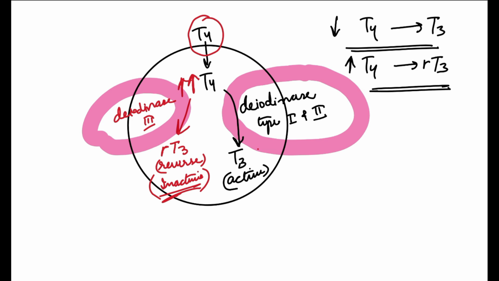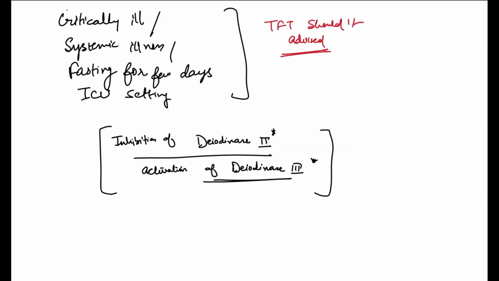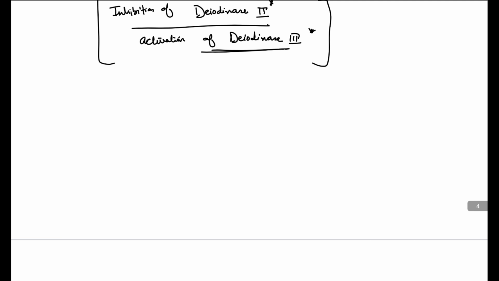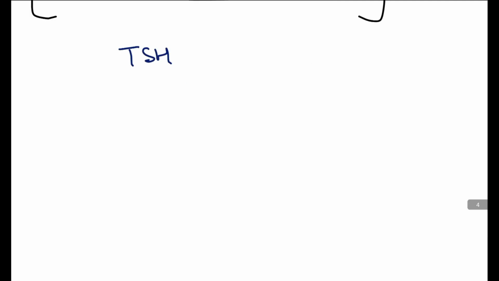So with the inhibition of deiodinase type 1, there is decreased conversion of T4 to T3, and with the activation of deiodinase type 3, there is increased synthesis of reverse T3. So in this case, what will happen to the level of TSH, T4, T3 and reverse T3?